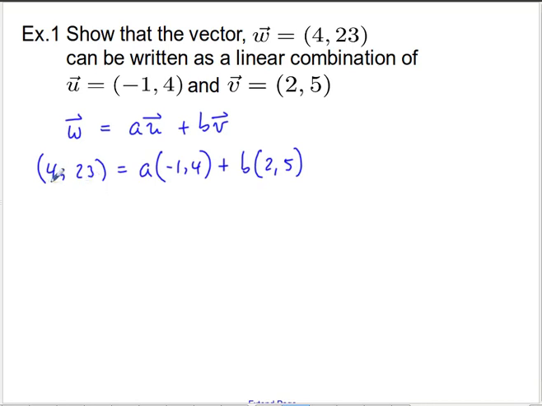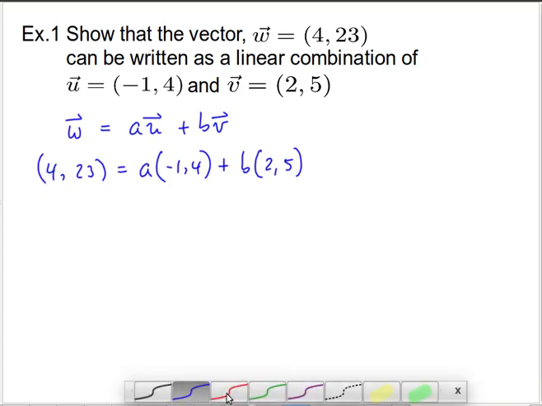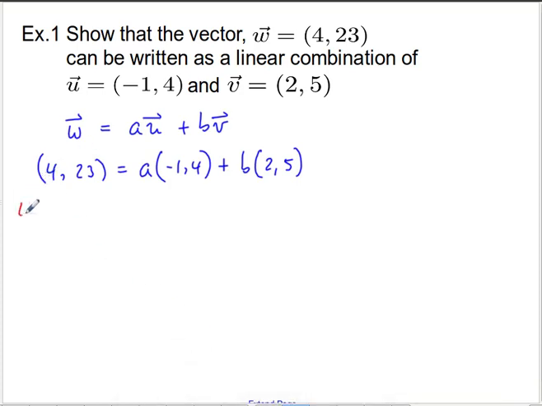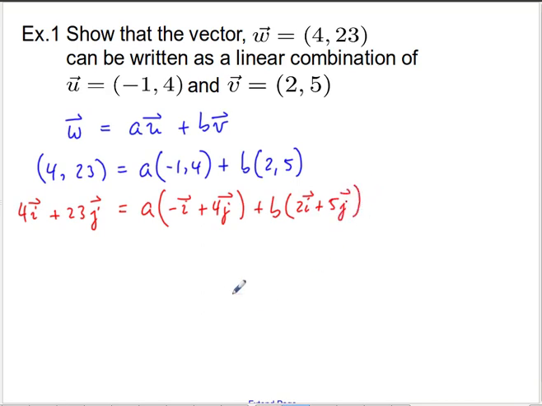So from this, I can break this out into two separate equations. If I wanted to, I could write this in terms of the basis vectors: 4i plus 23j is equal to a multiplied by negative i plus 4j, plus b multiplied by 2i plus 5j. I could do that if I wanted to.